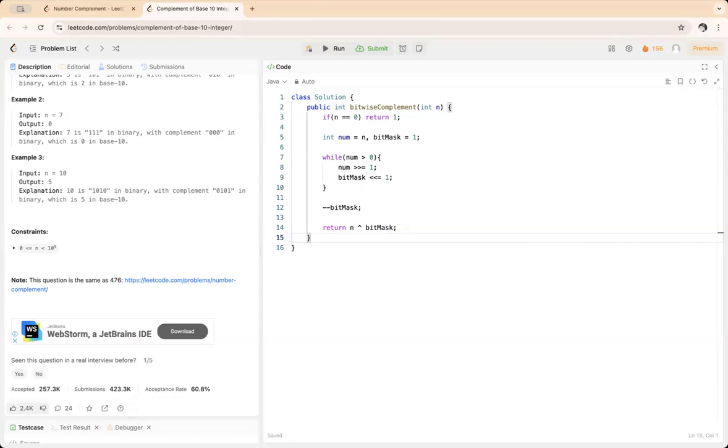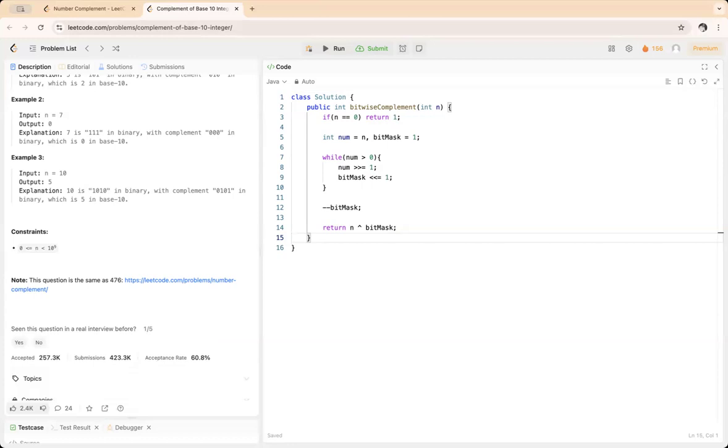But if some bit is 1 in our number n, then since the corresponding bit in the bit mask is also 1, 1 XOR 1 will be 0. And this is how we are flipping it. So this is the property of the XOR operation that enables us to flip the digits. And we'll submit this.